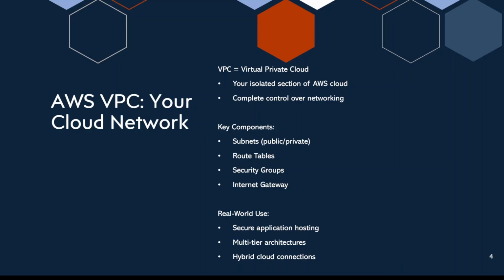So if you added the route to your internet gateway, your instance can be accessible from your local system at home. In the real world, it is used for secure application hosting, multi-tier architectures, and hybrid cloud connections.